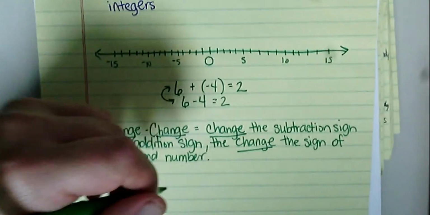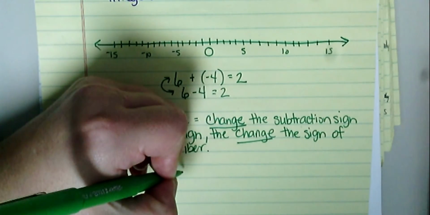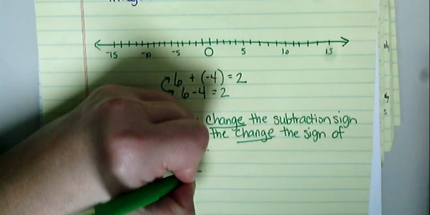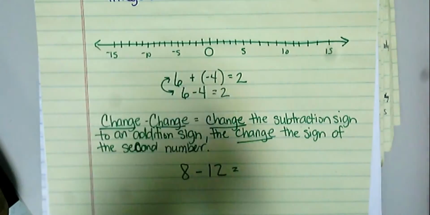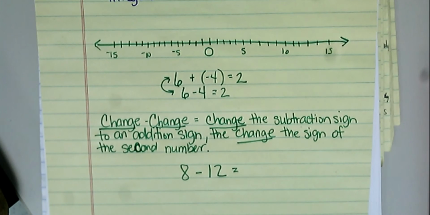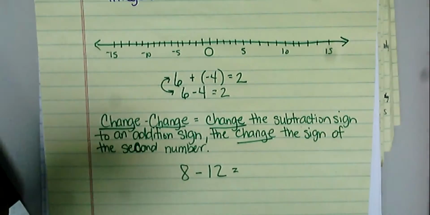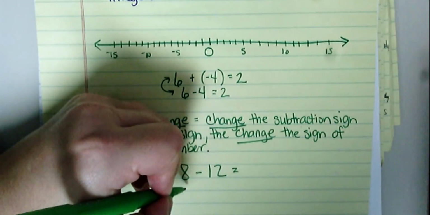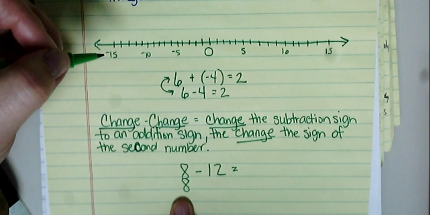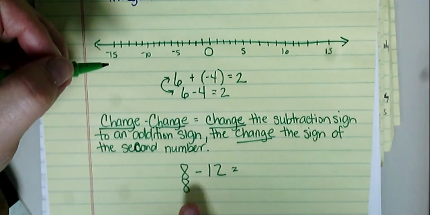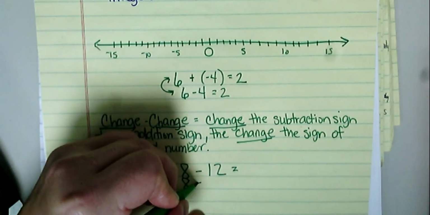So in other words, if we have the numbers, let's say we have 8 minus 12, okay? 8 minus 12. Okay, so it's positive 8, take away positive 12. But what we can do, like I just showed you up here, is that it means the same thing. I can use the change rule by saying 8. I don't change the first number. I change the subtraction to an addition.